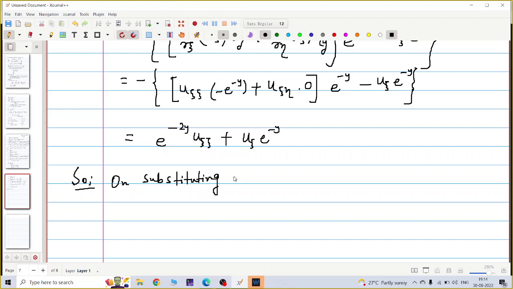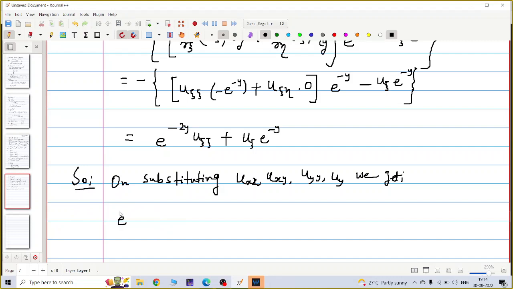So on substitution of uxx, uxy, uyy, and what is uy? We got it from the given question. Let me first write the equation.